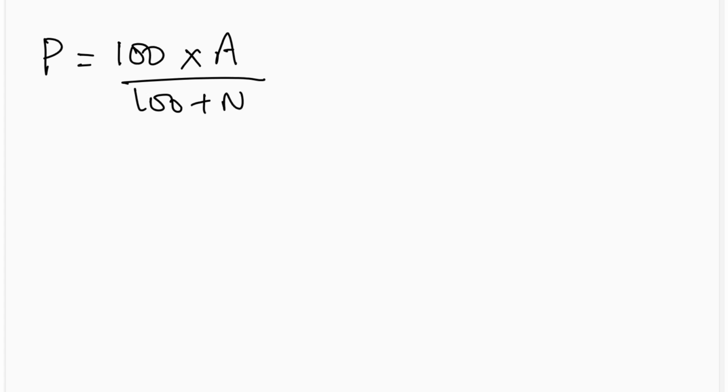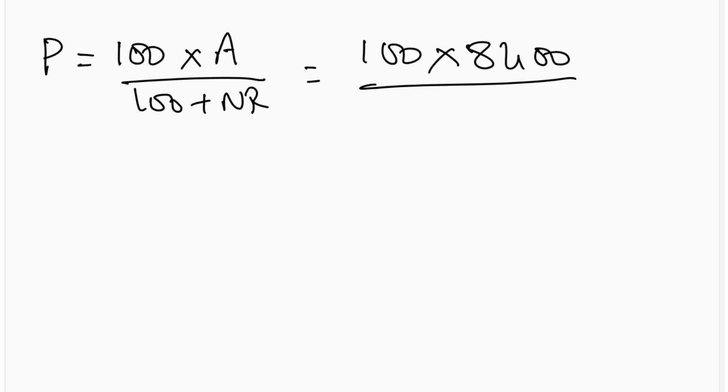To find the P value, you know the formula. P is 100 into A divided by 100 plus NR. If you substitute 100 into A, just now we found 8400, divided by 100 plus 0.5 into 10.